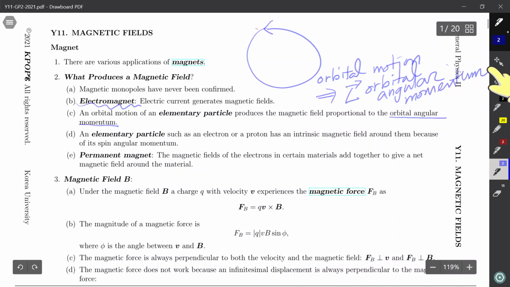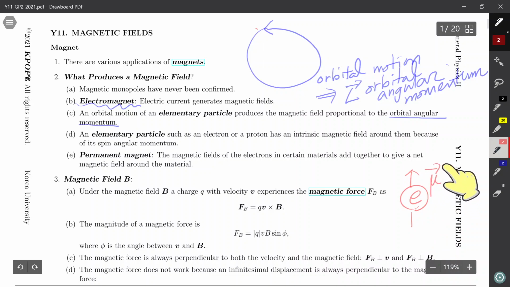However, an electron, even though it is not moving, does have a magnetic dipole.